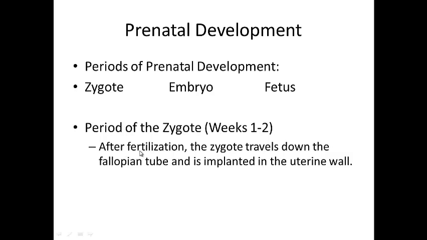So when the sperm fertilizes the cell, that cell begins to replicate, copy itself over and over again, and at the same time that fertilized cell travels down the fallopian tube and is implanted into the wall of the uterus.